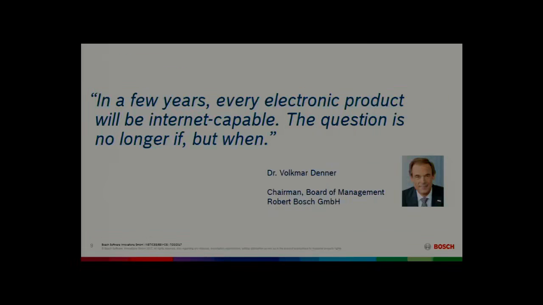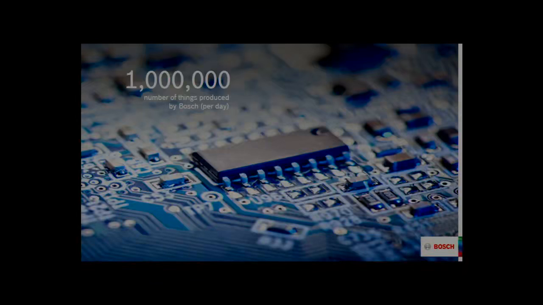And it's very obvious that in a few years, nearly every bigger device will be connected somehow, or at least have the feature to connect. And for a company like ours, we have the challenge that we produce 1 million device models per day.